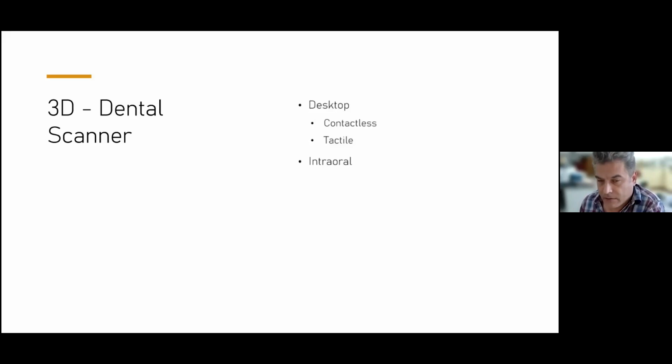like metal. Then we have another group, the intraoral scanners. You'll find these mostly in the dentist area. The difference is that you can scan directly in the patient's mouth.